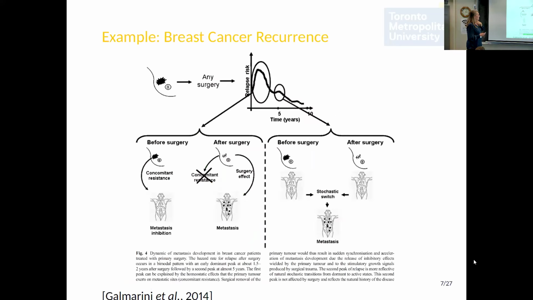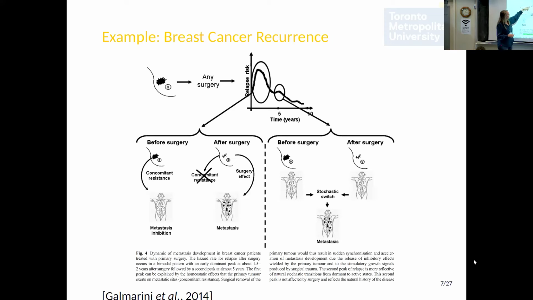So here's an example that wraps the modeling work up, and that is breast cancer. There's the idea of concomitant resistance in cancer biology, where a primary tumor might be imposing some kind of inhibitory signals on the metastases. This is an example from breast cancer. If you do surgery on the primary tumor, then the relapse risk generally has two bumps.